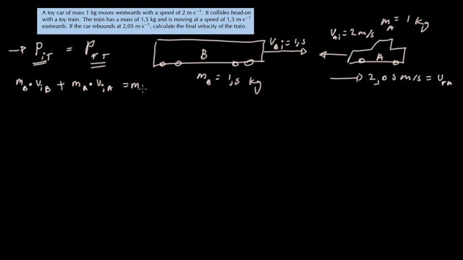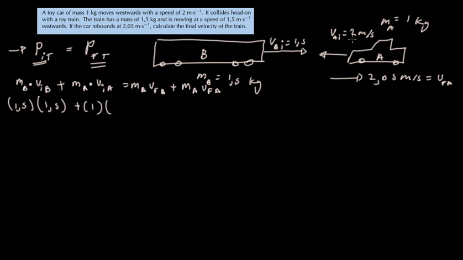Now let's deal with everything final on that part. It's going to be mass B VFB plus mass A VFA. Now let's see what we have on this part. The mass of object B is 1.5 multiplied by, this is going to the right, let's take it as positive, 1.5, plus mass A is 1.